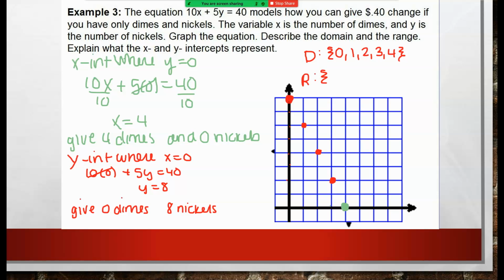For the nickels, or the range, it's 0, 2, 4, 6, and 8. There are no odds included in my range because we're not giving back 35 cents or giving back 40 if I only had dimes and nickels.